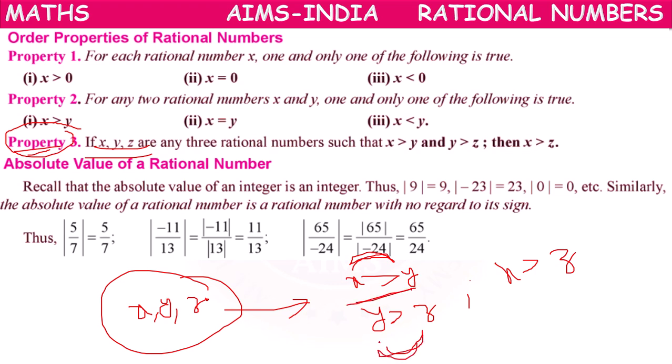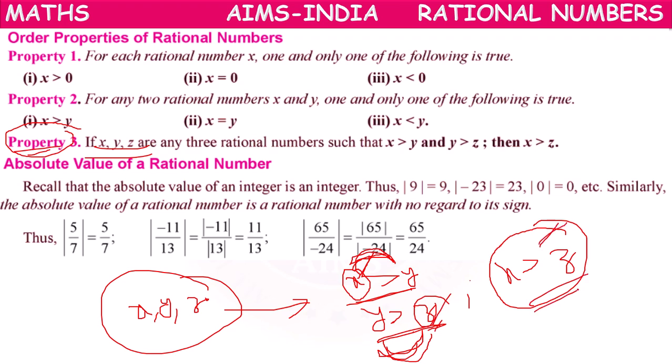If these two conditions exist, then compulsorily this condition will also exist. This is property 3.